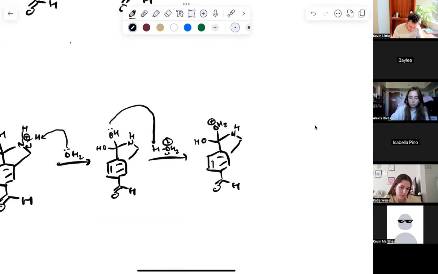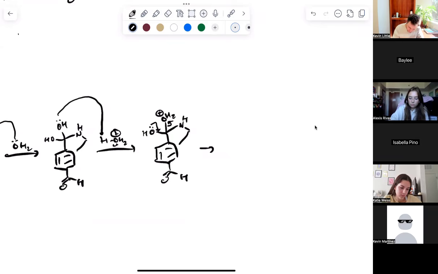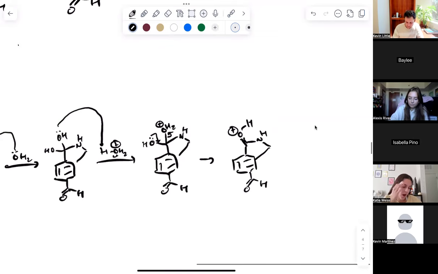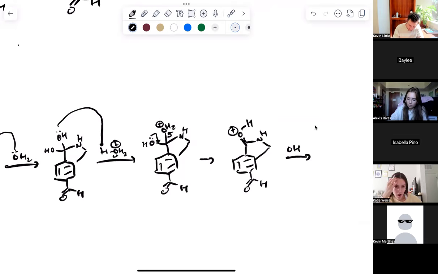Then this is my best kicking group. I collapse and I kick. And from this, which needs to be deprotonated to form the neutral product.